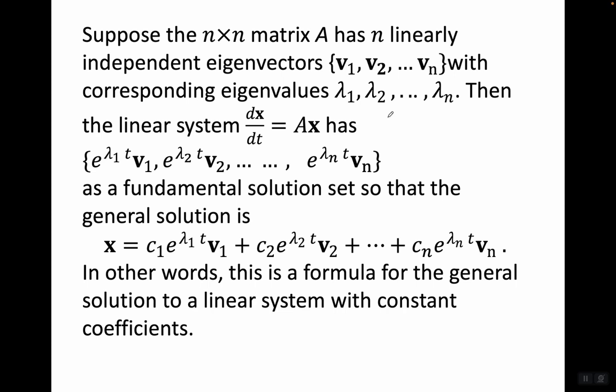Then the linear system dx/dt equals Ax has e to the lambda 1 t v1, e to the lambda 2 t v2, through e to the lambda sub n t v sub n, as a fundamental solution set, so that the general solution to this system of differential equations is x equals c1 e to the lambda 1 t v1 plus c2 e to the lambda 2 t v2, plus and so on, plus c sub n e to the lambda sub n t v sub n. In other words, this is a formula for the general solution to a linear system with constant coefficients.